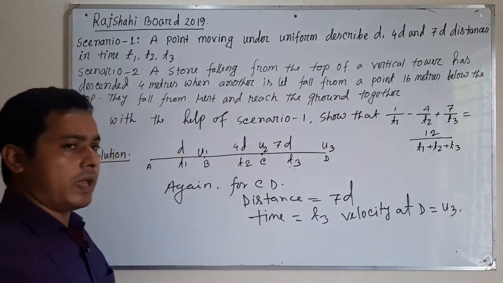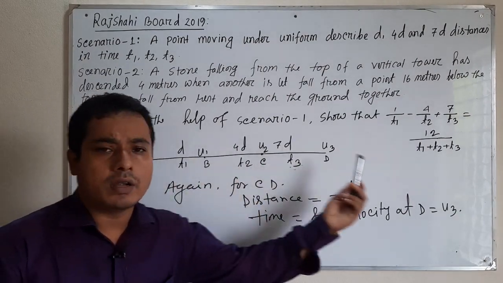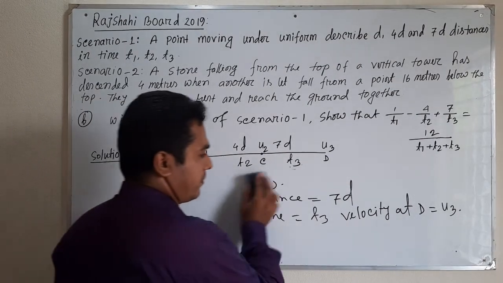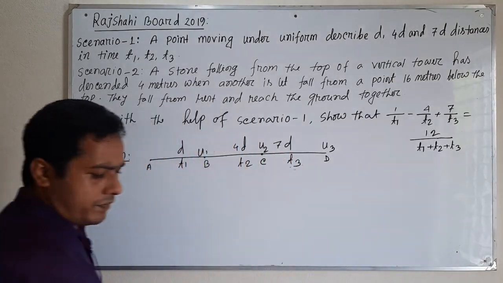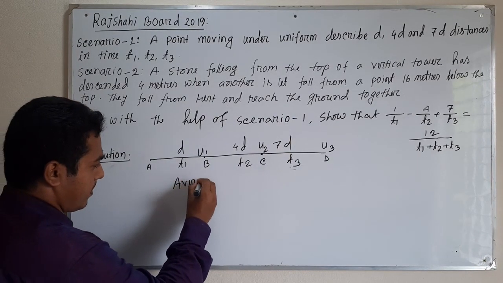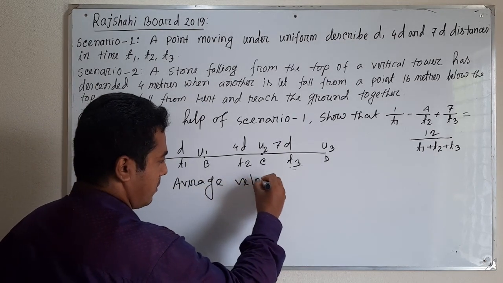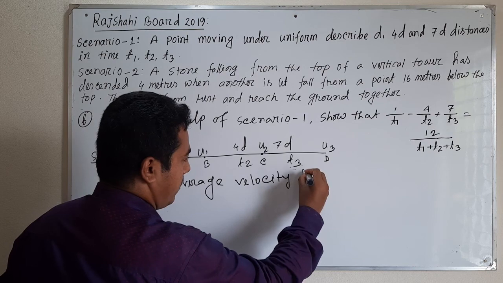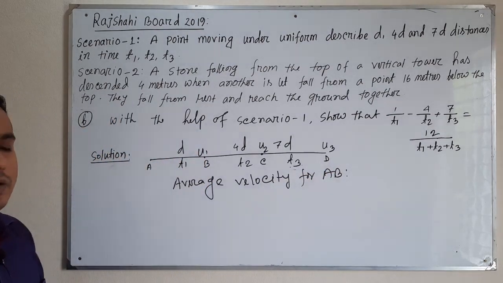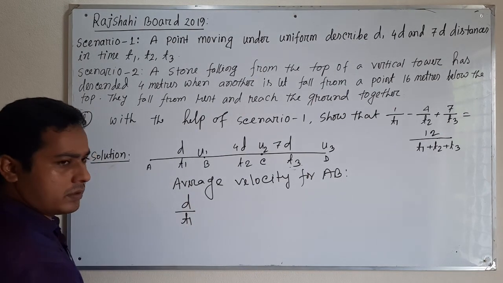Now we want to apply the average velocity for AB, for BC, for CD and for AD. Okay, now for AB, we know that distance is equal to D, time is T1.